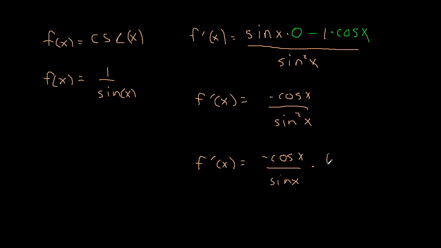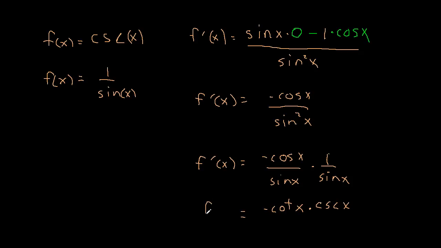Oops, times 1 over the sine of x. Okay, this is the same thing, I just broke it up. And now you'll recognize this as cotangent. And you recognize this as cosecant.